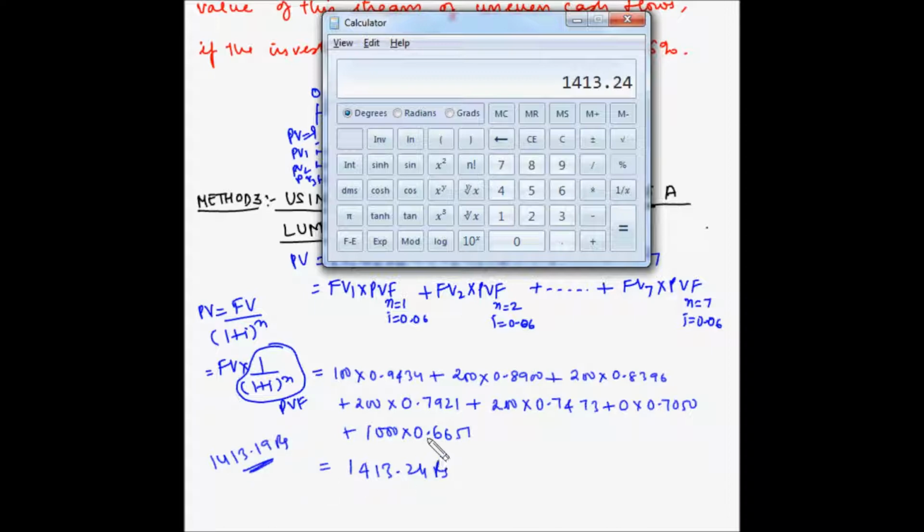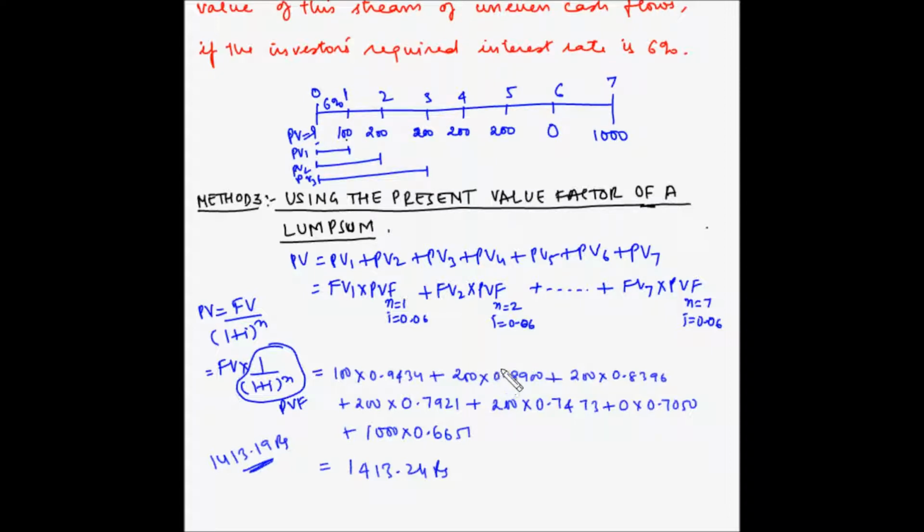So pretty close, because here we are rounding off to 4 decimals. So there may be differences in the rounding off for decimal points, but this is pretty close. Now this method is also not very short, because you have to find out the present value factor for each cash flow and then calculate the entire thing.